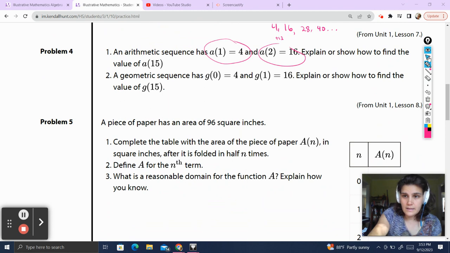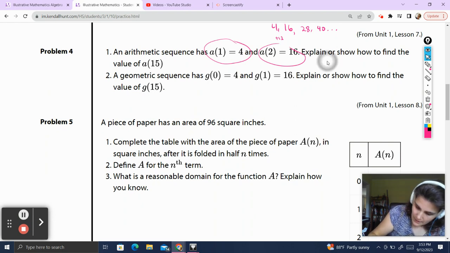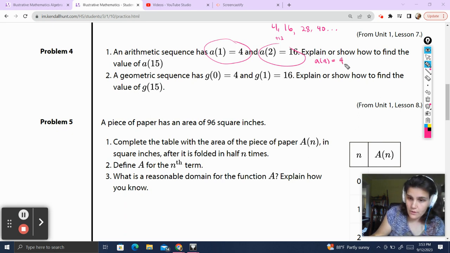So let's take a second and write a function for this value. So we want to say a of 15. Well, let's think of a of n. We are always going to start with a 4 because that's our initial value. Then we're going to add 12 to get to our next term. But to get to each following term, we're just going to add 12 as many times as we need.